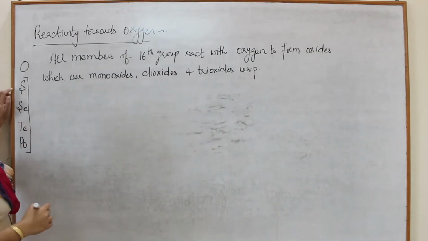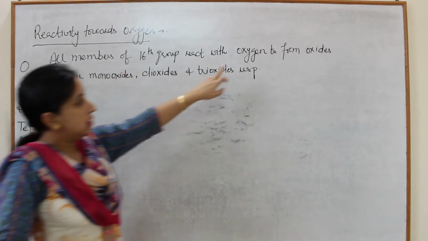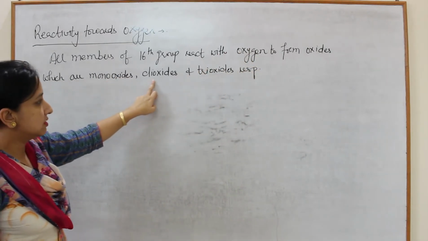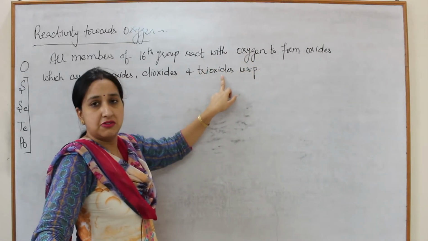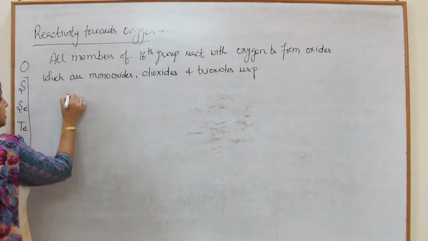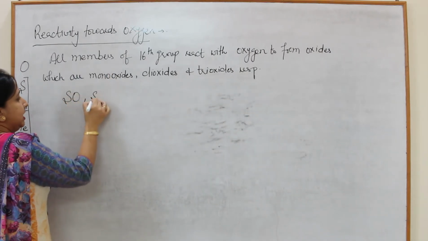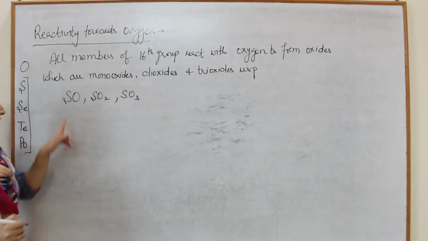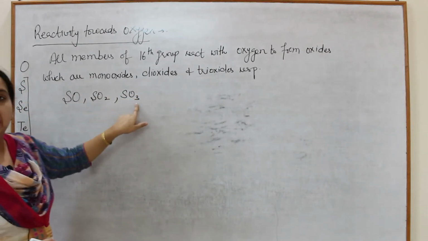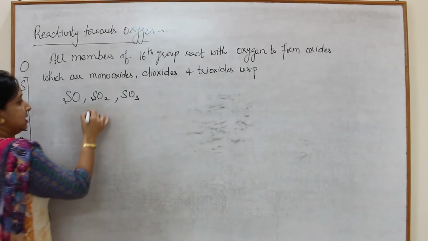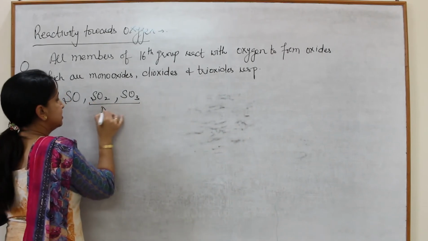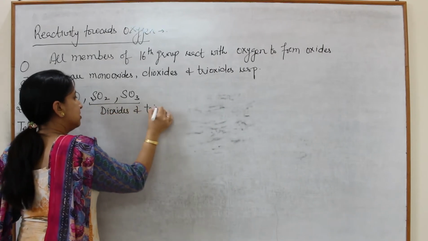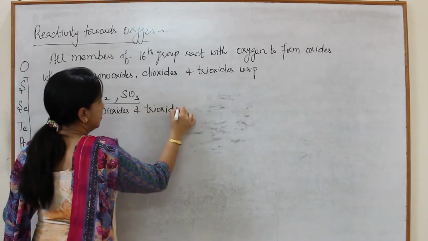So sulfur can make bond with oxygen to form sulfur monoxide, sulfur dioxide as well as sulfur trioxide. Mono, di and tri. Among these, dioxides and trioxides are most important.